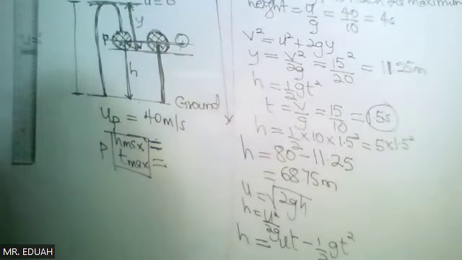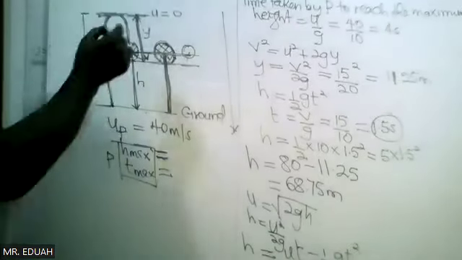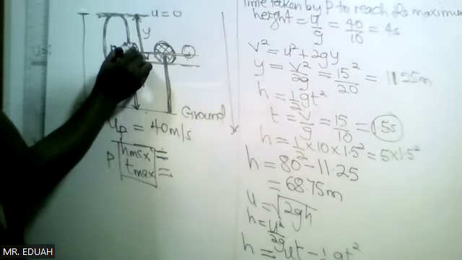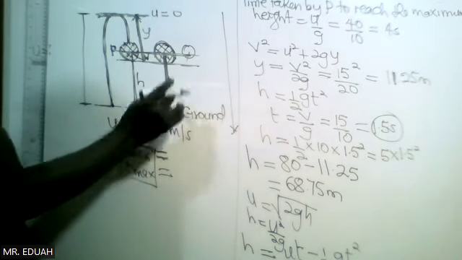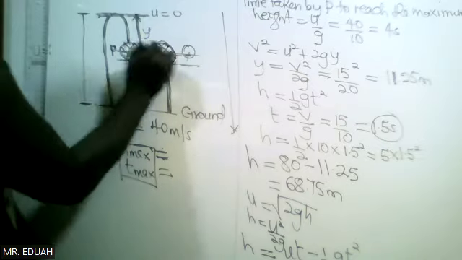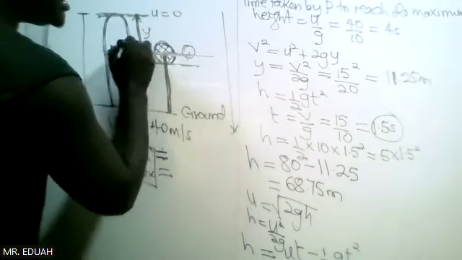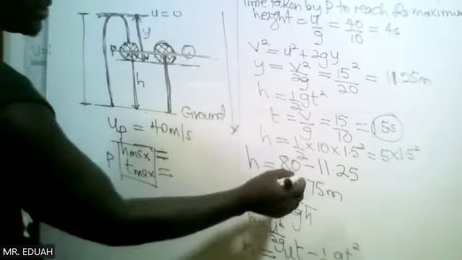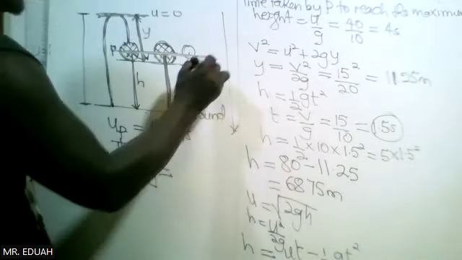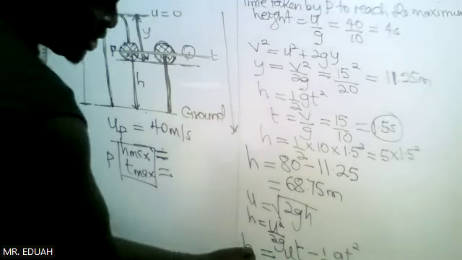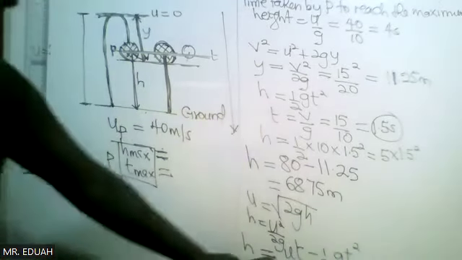Meaning, by the time they cross, Q will have traveled for 1.5, and the same height is what P would also take. So 1.5 connects to a height of 11.25. So you have H, you have T to find U.